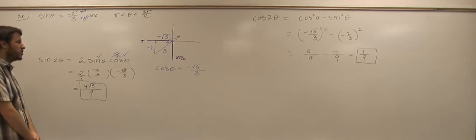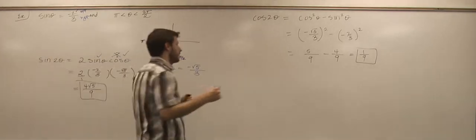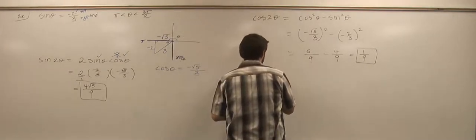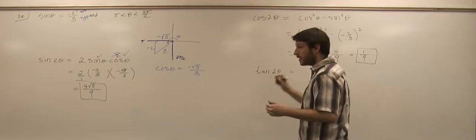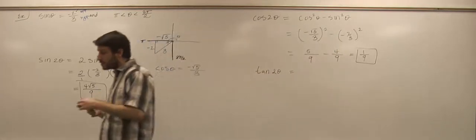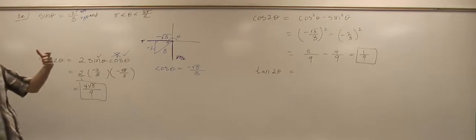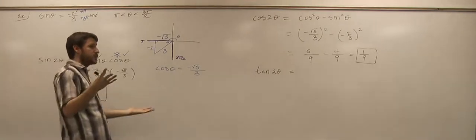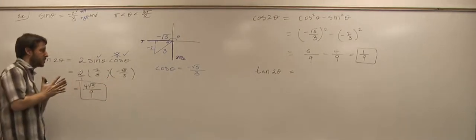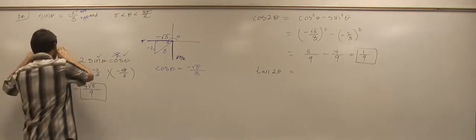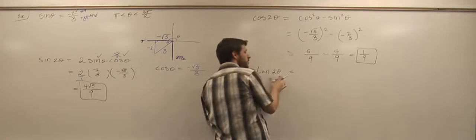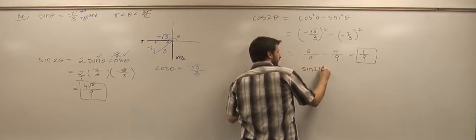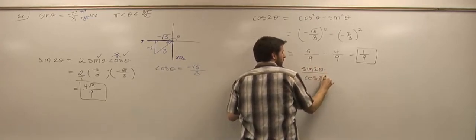And then what about tan 2 theta? Right, so there is absolutely a formula for tangent 2 theta in terms of tangent theta. And you can use it, and it will not be wrong if you use it correctly. But since I already have sine and cosine, a little faster route to do tan 2 theta would be sine 2 theta over cos 2 theta.